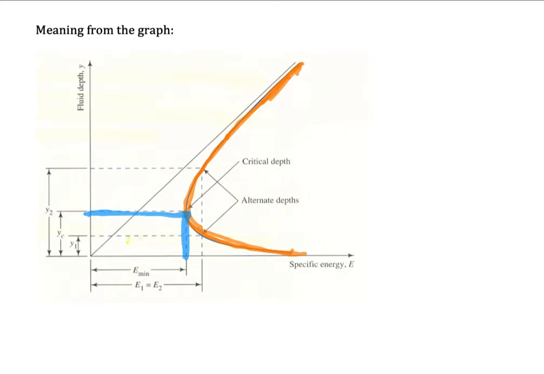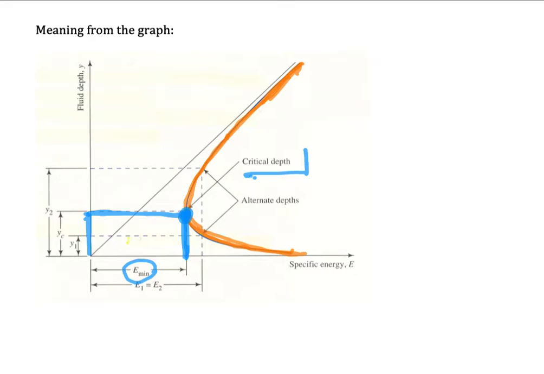At this maximum point, the height of this point we call the critical depth. And the energy at this point we call the minimum energy, because at this point the energy becomes minimum.